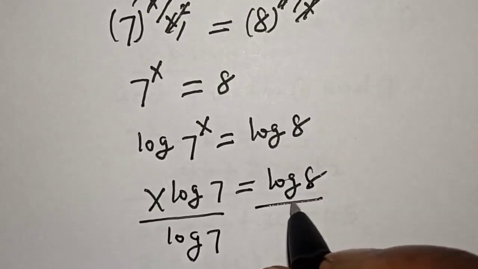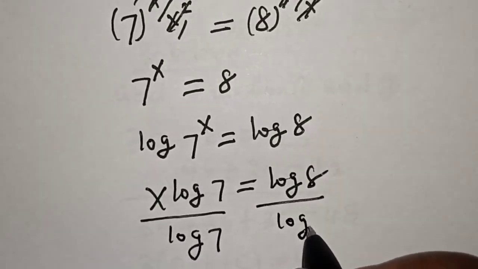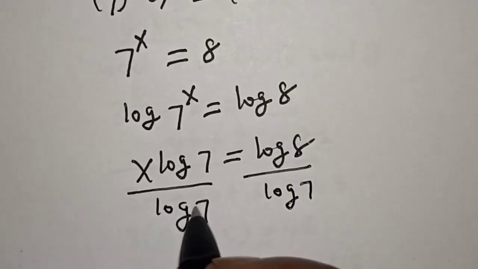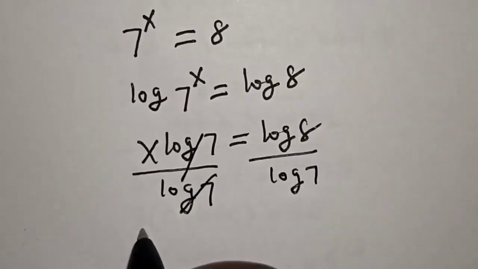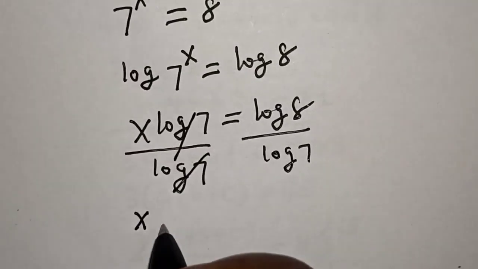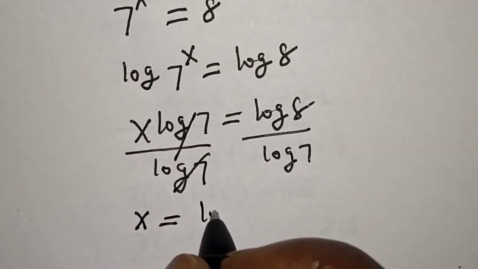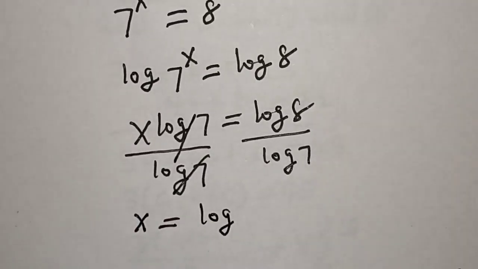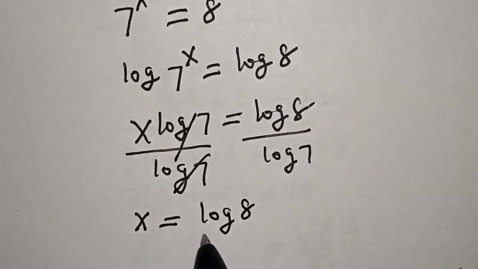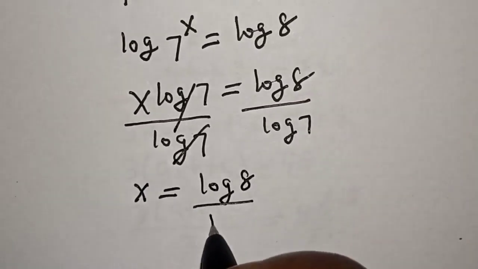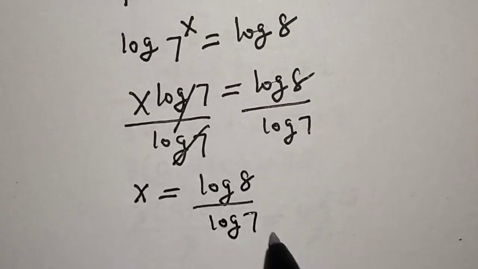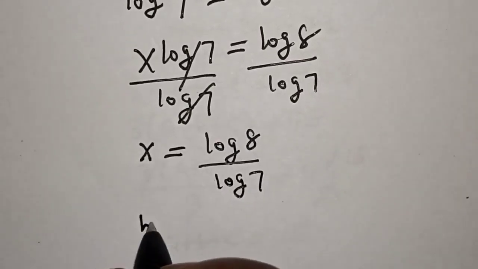This one will cancel this. S is equal to log 8 divided by log 7.